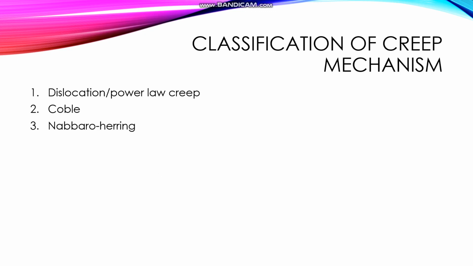Now we move on to the classification of creep mechanisms. There are 3 mechanisms that I will explain here. The first, dislocation or power law creep. Second, Coble creep. And the third one, Nabarro-Herring creep.